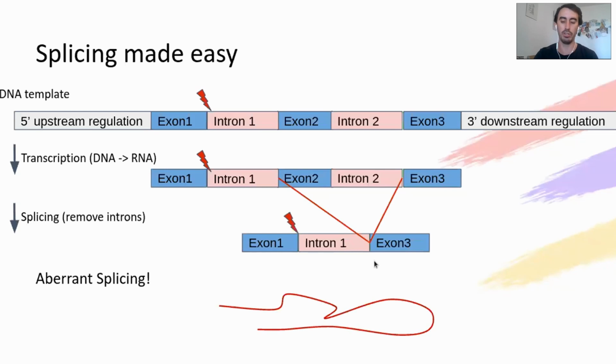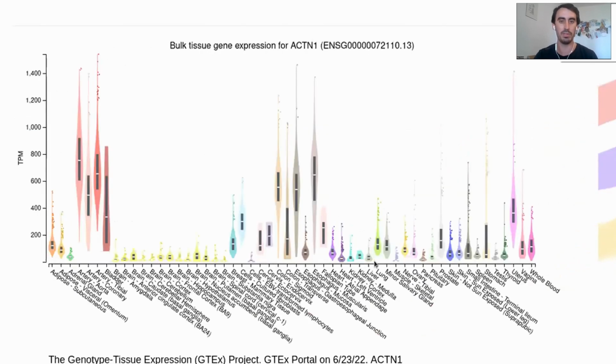So enough with the cartoons, we can focus on some real life examples. This is a particular gene, ACTN1, and the data comes from the Genotype Tissue Expression Project, GTEx, and we can see that different cell types use this gene differently. This is a measure of expression on the y-axis and different cell types on the x-axis.